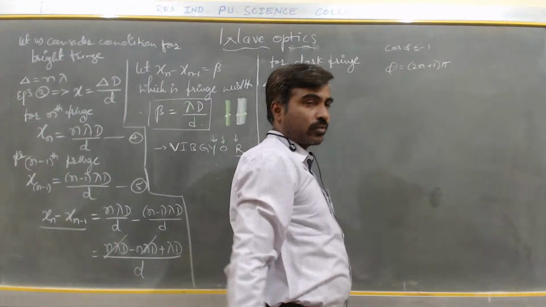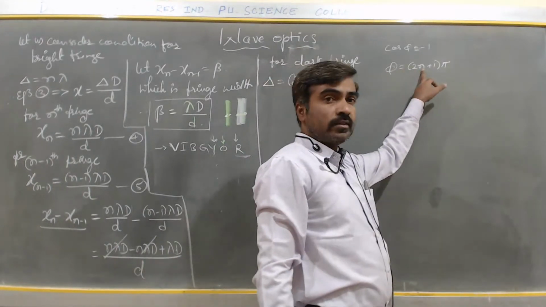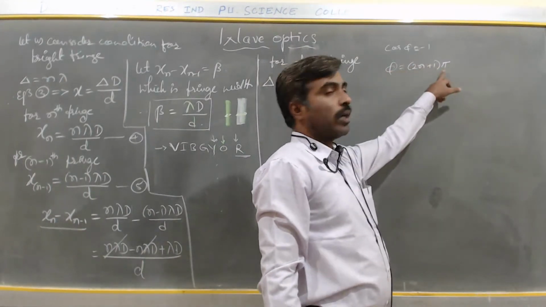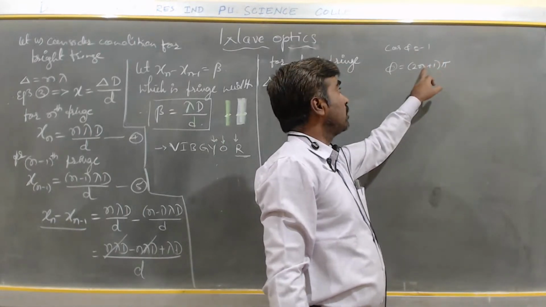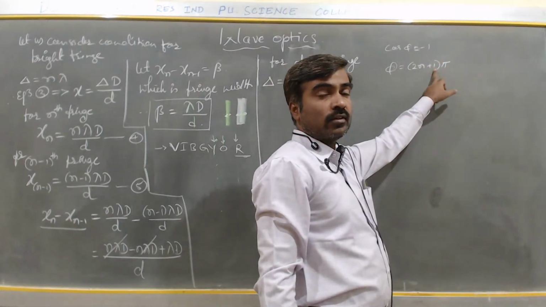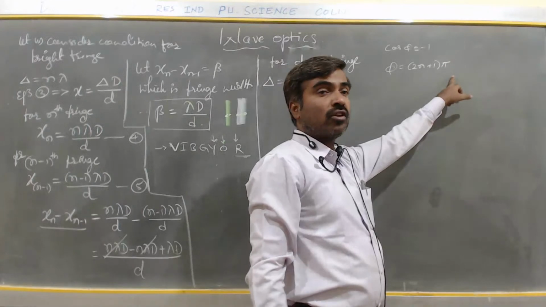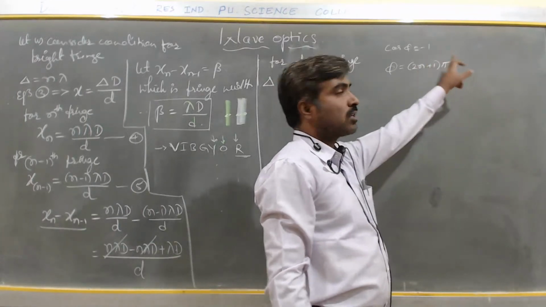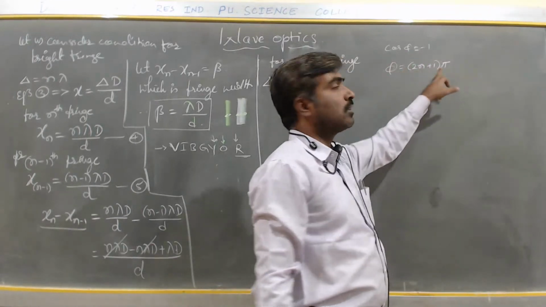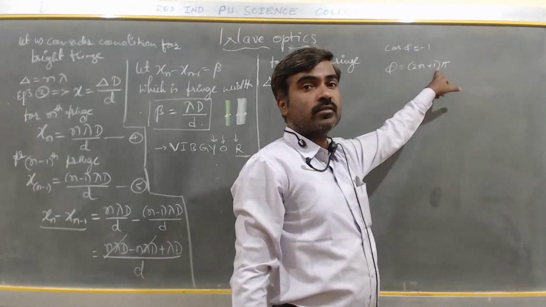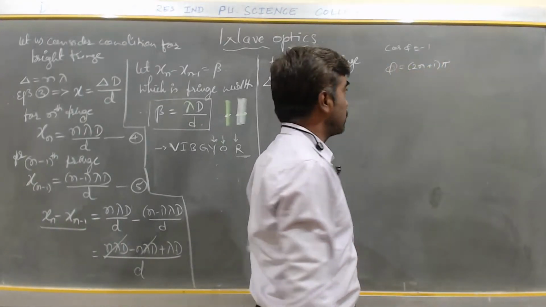If n is 0, then phi value is pi. If n is 1, the next value will be 3 pi. If n is 2, next value will be 5 pi. This is the generalized condition we have taken for destructive interference in terms of phase difference.